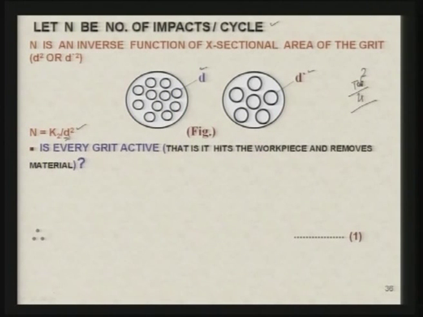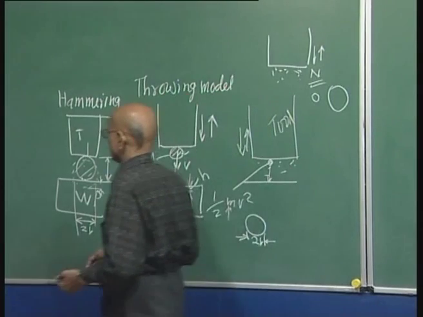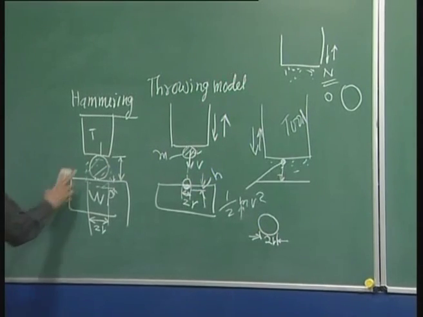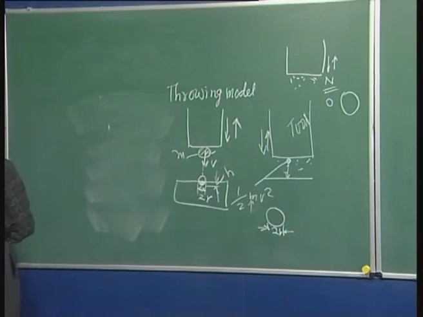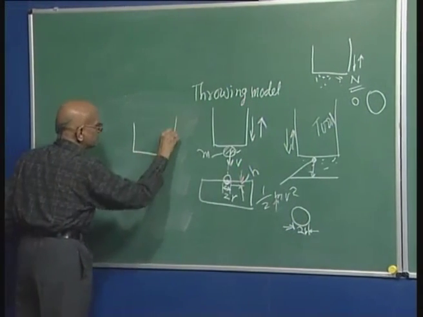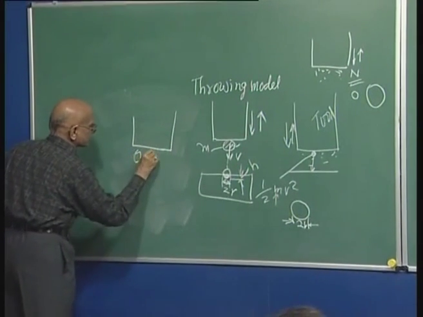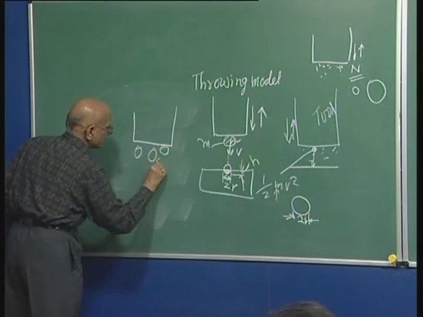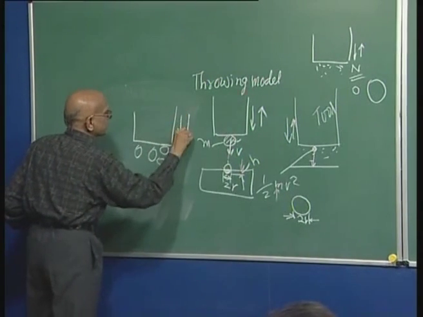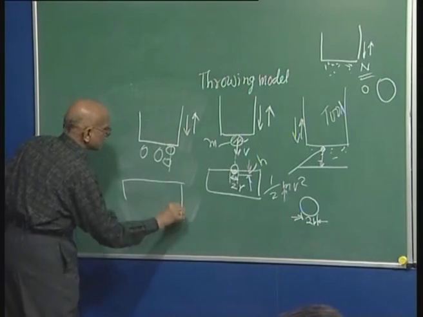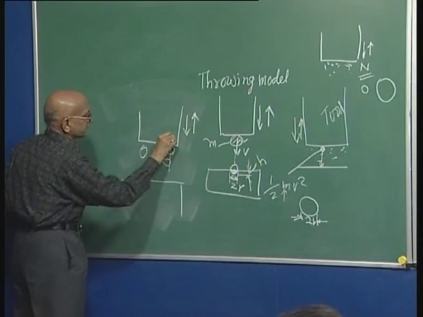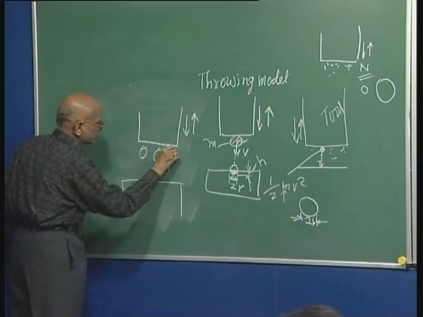Is every grit active? Now, this is a very important question, whichever particle is under the tool, whether it is active or not. Let me explain it clearly. This is the tool, there are so many abrasive particles over here. Now, when it is vibrating, some of the tool says this is hit by the tool, this particular abrasive particle.